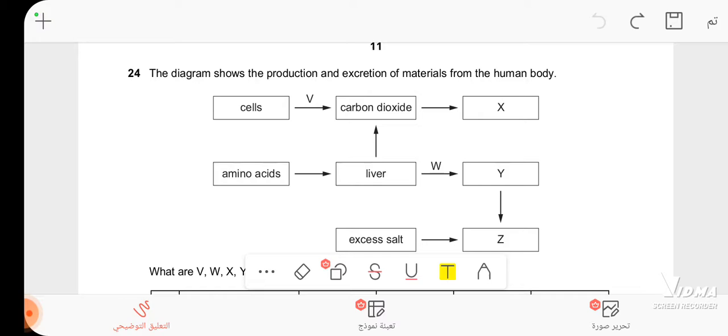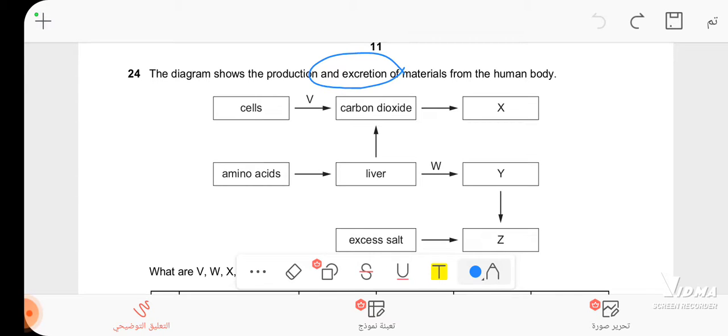The diagram shows the production and excretion of materials from the human body. Excretion. Cells here give carbon dioxide. X, so what is the process? This process is called respiration.